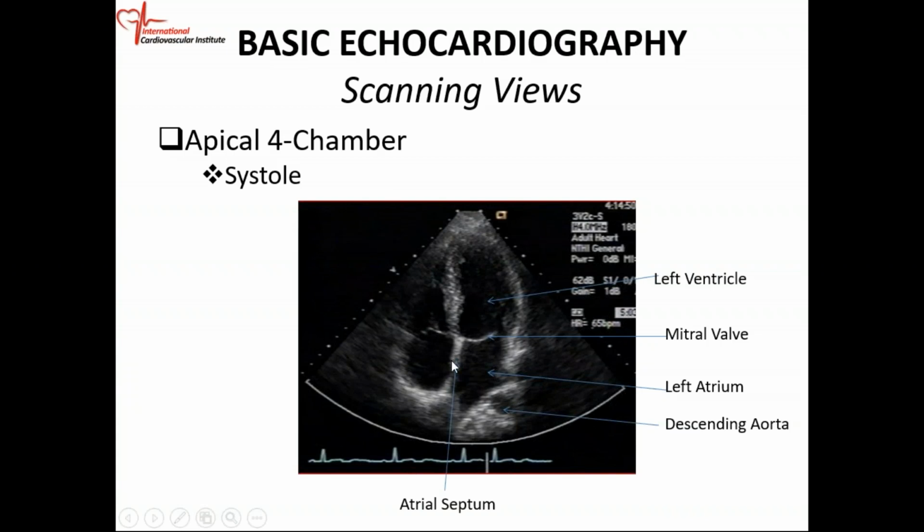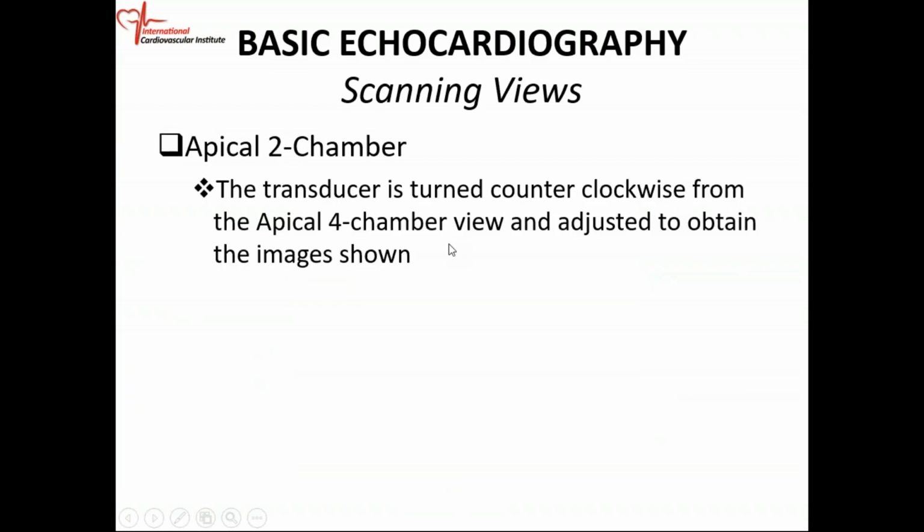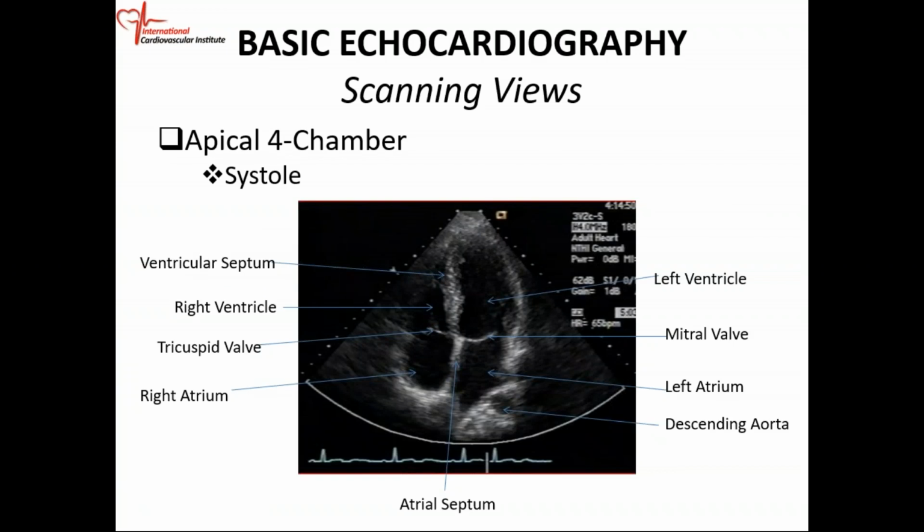This is your atrial septum. This is your right atrium. Tricuspid valve. This is the septal leaflet, and the anterior leaflet is right there. That's the right ventricular cavity, and this is your ventricular septum. Ventricular septum is right there. Now, that is your apical 4-chamber view.